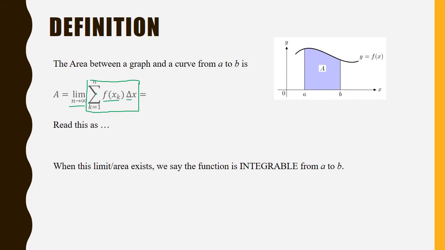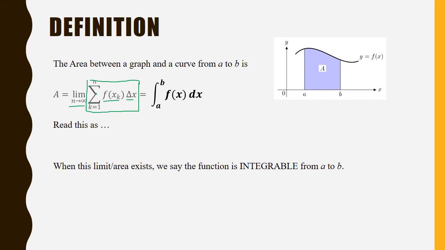And this delta x, because we're using more and more rectangles, is getting smaller and smaller. It's almost going to 0. And so to indicate that, we'll use a dx instead of a delta x. So this is our symbol for the area. And it's called the definite integral.